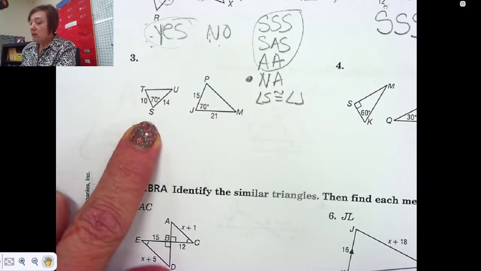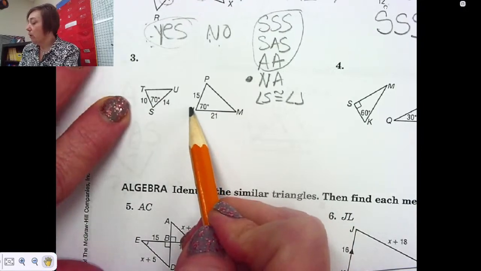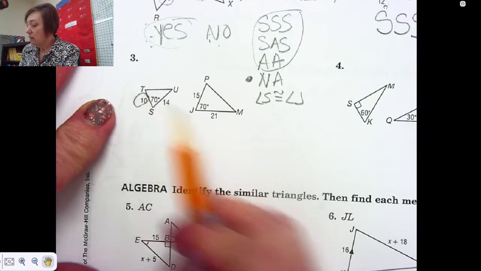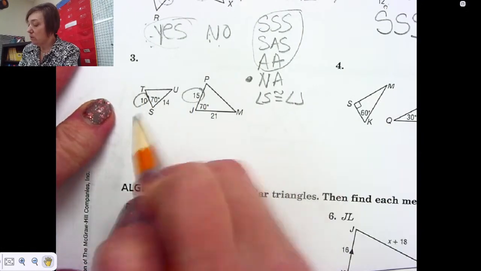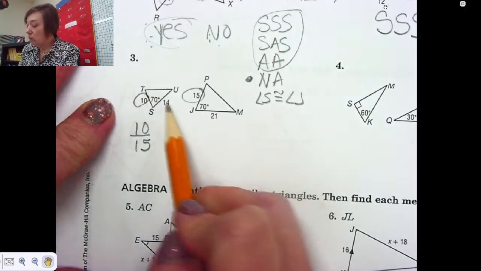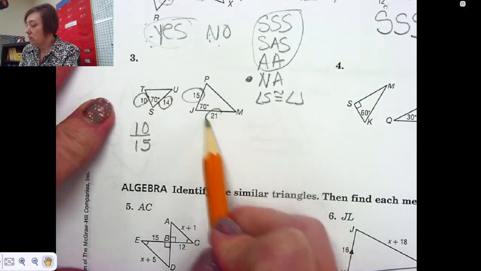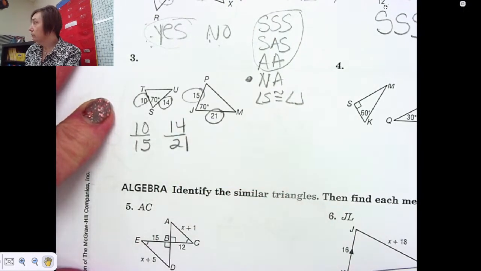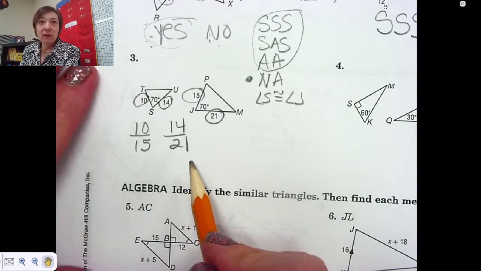So then we're going to set up our proportions for the sides. The short side on this one to the short side on that one, so 10/15. Then the long side to the long side, 14/21. Now we just simplify and see if we get the same numbers.